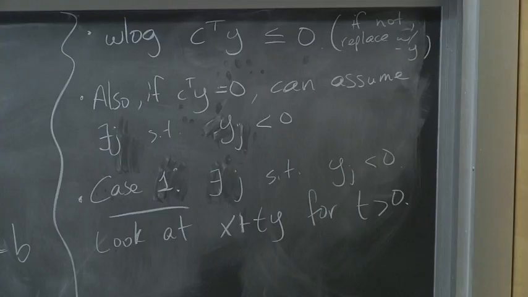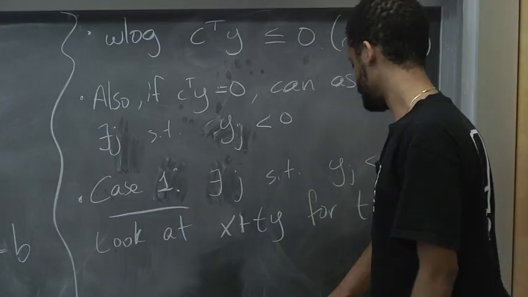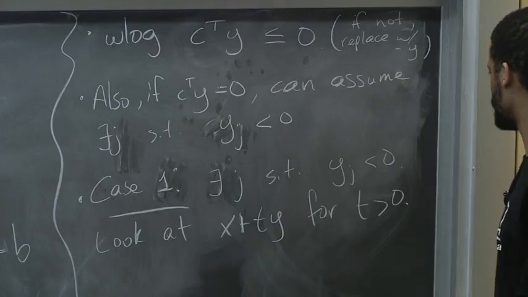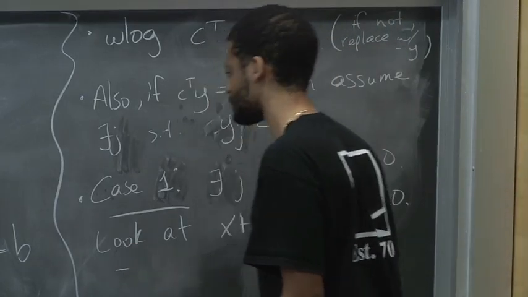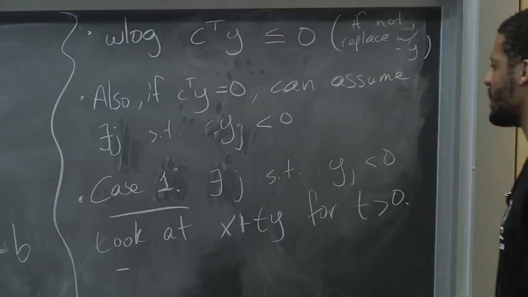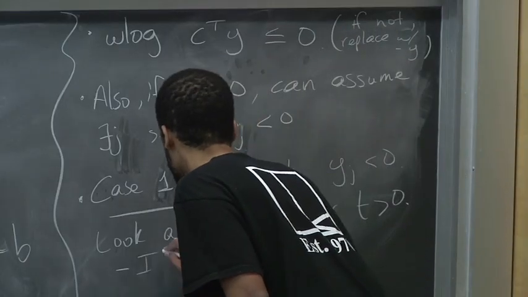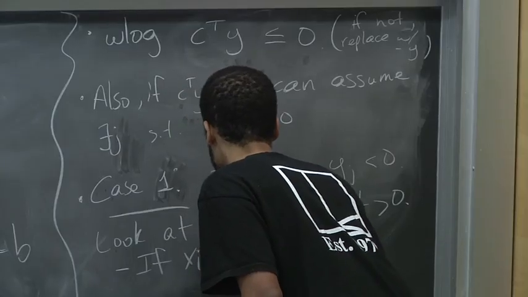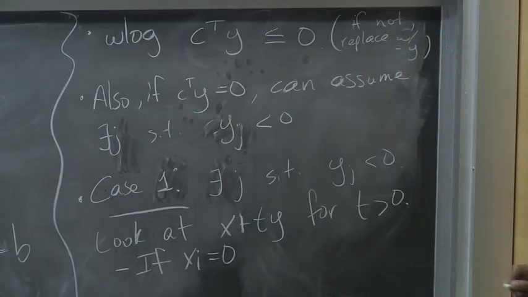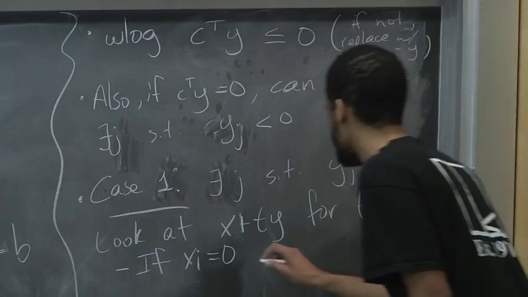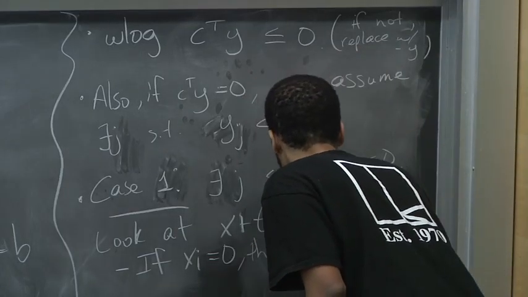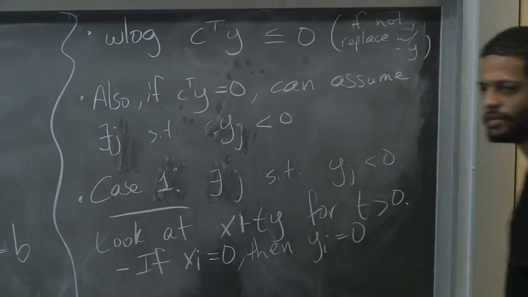First of all, let me say one thing. If Xi is 0, I claim that then Yi has to be 0.